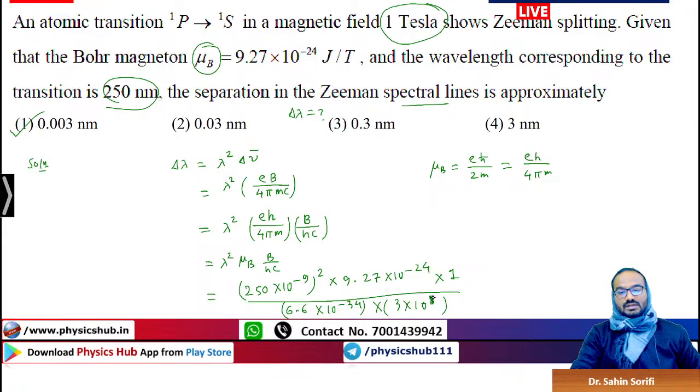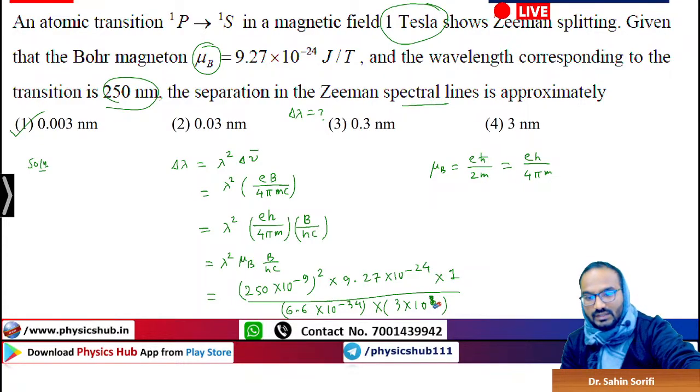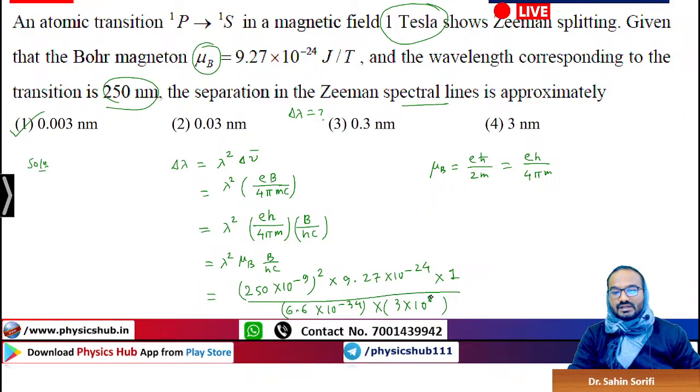If you calculate, as I told you, don't confuse yourself. Just remember one formula and the other formula you can easily derive, which is derivable in a few seconds. Those formulas you should not remember. If some formula requires 2-3 minutes to derive, then in that scenario you can remember. Otherwise, if it takes only 2-3 steps, don't burden yourself. This will give you 3 times 10 to the power minus 12 meter, approximately 0.003 nanometer.